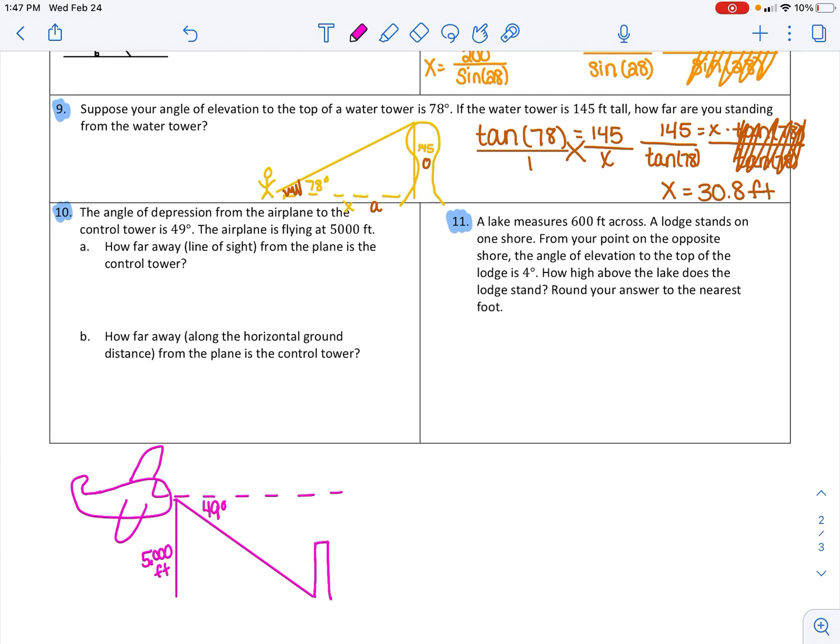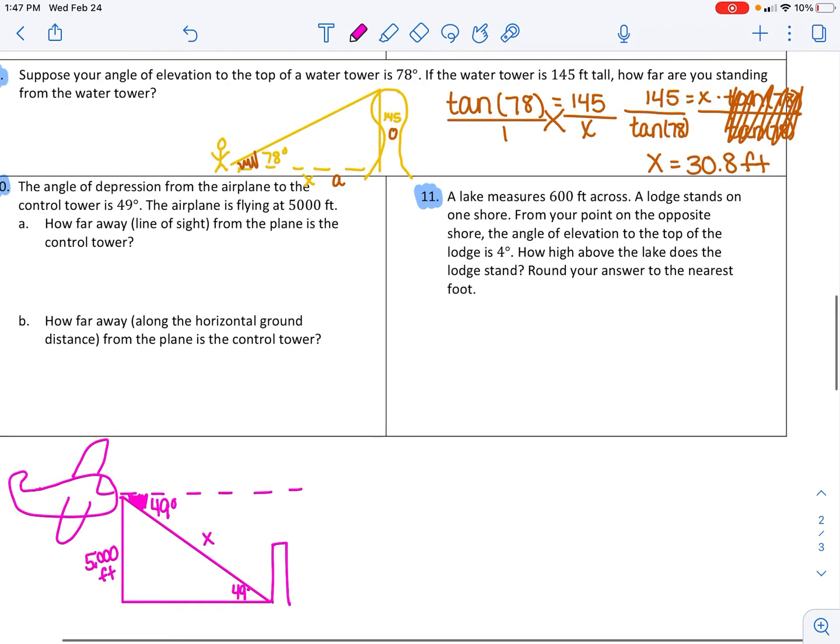It asks how far away, line of sight, from the plane is the control tower. So it wants to know this distance here. Now, the 49 degrees is not technically in that triangle, but we know that alternate interior angles are congruent. So 49 degrees is going to be in that bottom right-hand corner of my triangle.